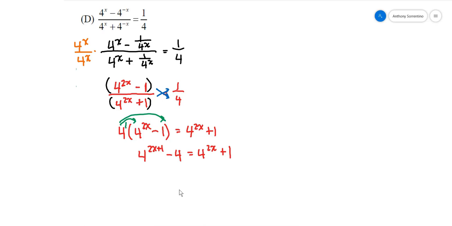If I add 4 to both sides and subtract away the 4 to the 2x from both sides, that would cause some cancellations here, this and this obviously. So I'm going to have 4 to the 2x plus 1 minus 4 to the 2x. Over here I'm going to have 5.